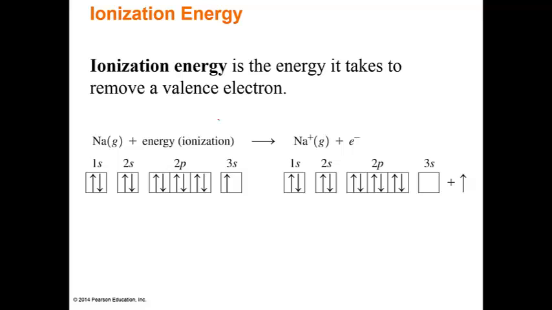So ionization energy is the energy it takes to remove a valence electron. Okay, how much energy does it take to remove an electron? So if we think of sodium, and we just have this 3s orbital there, we've got ionization energy, which will give us sodium with a positive charge because it is going to lose an electron coming off.